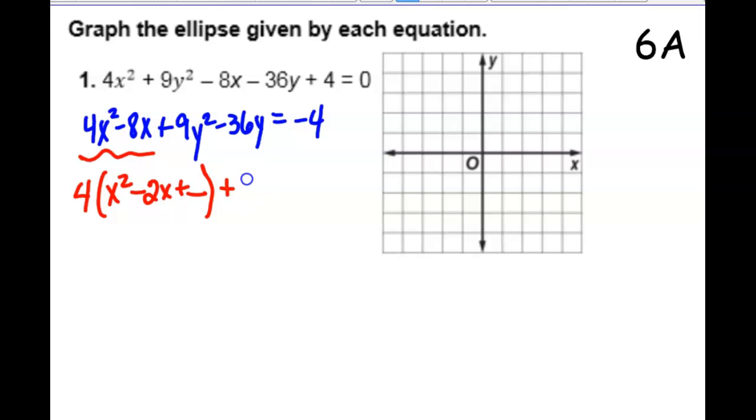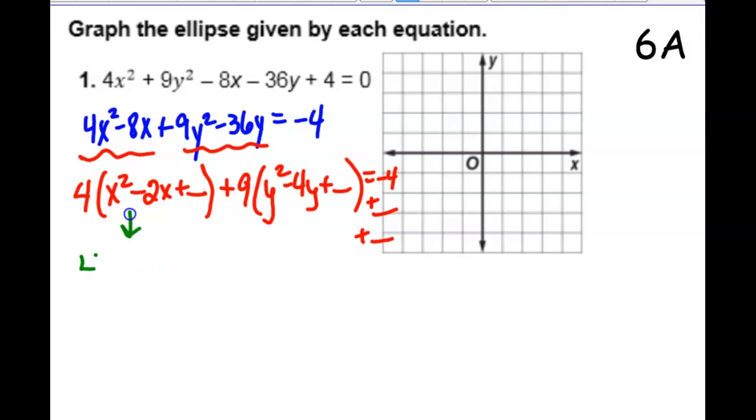Nope, the squared term cannot have a coefficient other than 1. So we have to take out what out of these? 9. Everybody okay? That'll leave y squared minus 4y plus blank. And I have a negative 4 on the other side that I'm going to have to add some blanks to, and I don't have room. Okay.